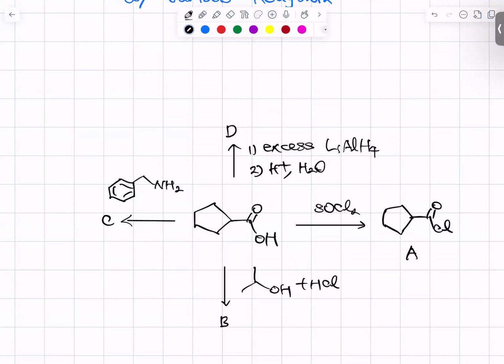Very important: thionyl chloride generates sulfur dioxide gas, which will be bubbling out of solution. It will also form HCl. Because this gas bubbles out of solution, the reaction becomes irreversible.